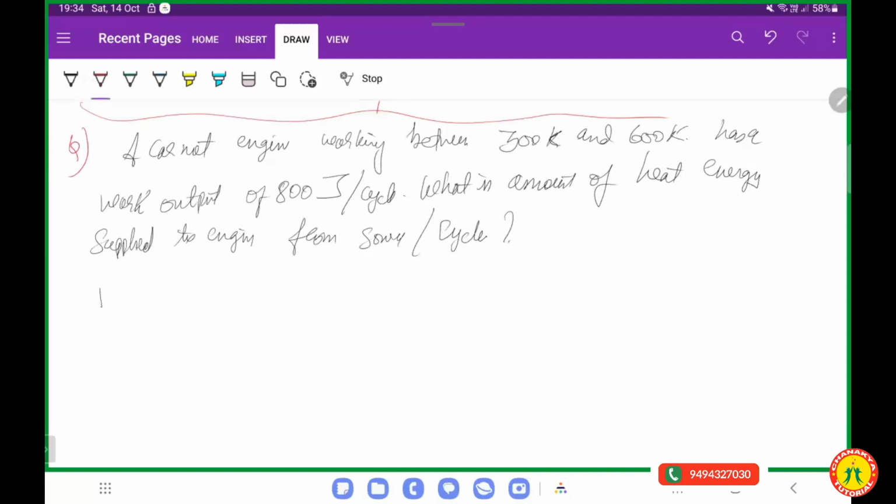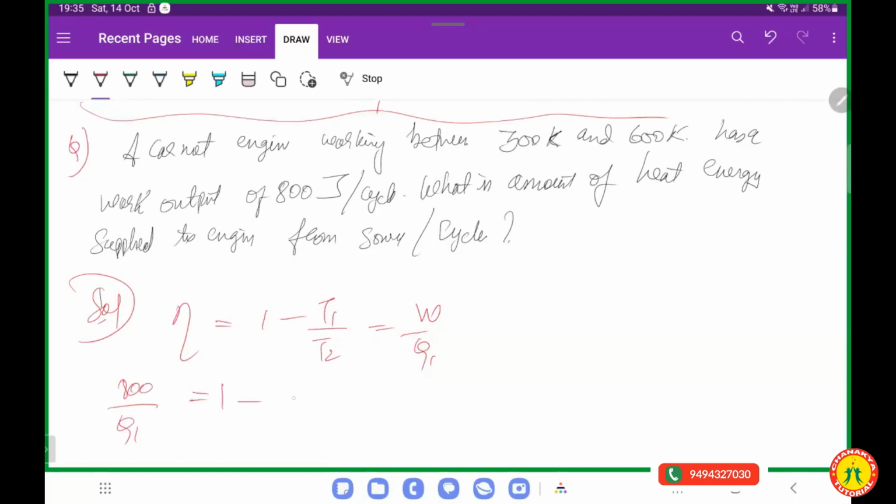In this one, the simple way: efficiency equals 1 minus T1 by T2, which equals W by Q1. W is 800, Q1 we need to find out. So 1 minus 300 by 600 equals 800 by Q1.